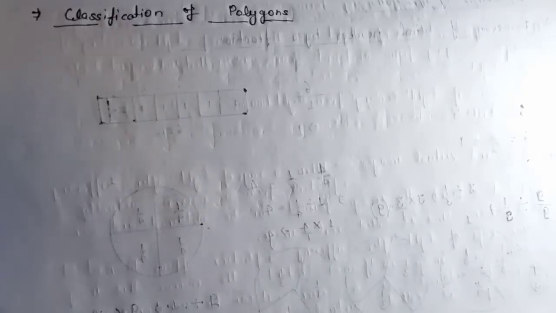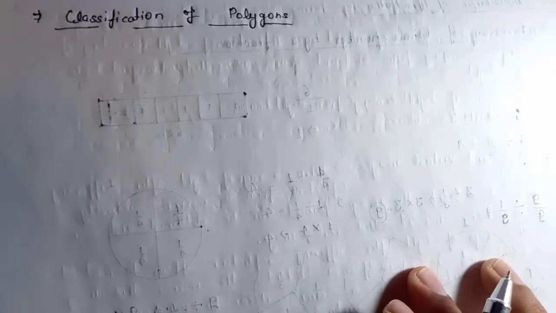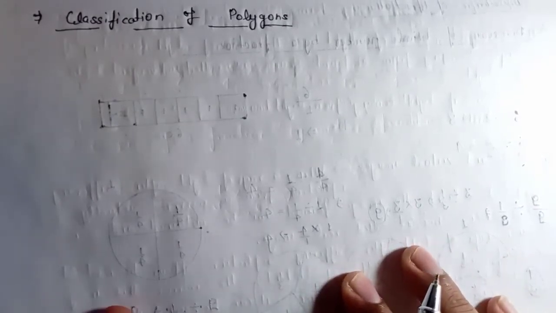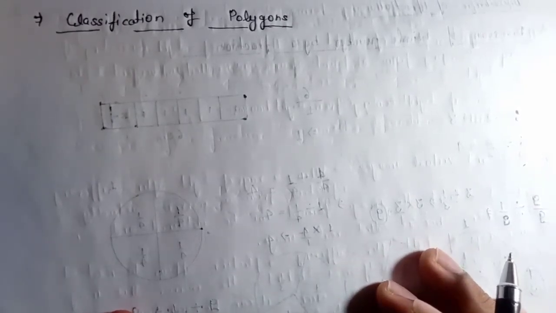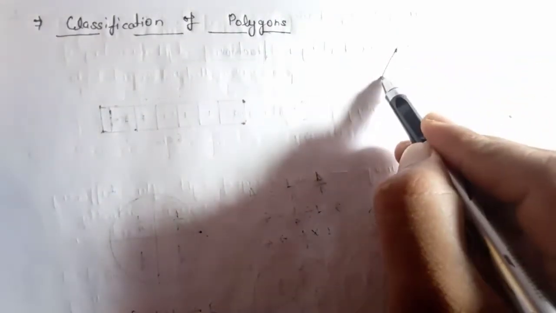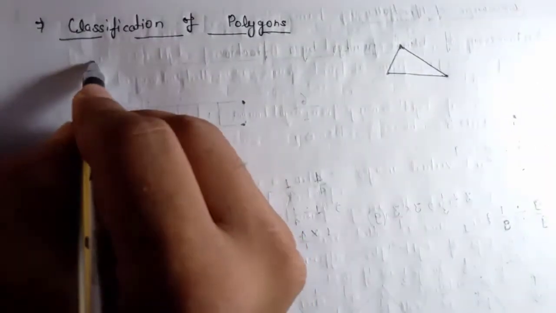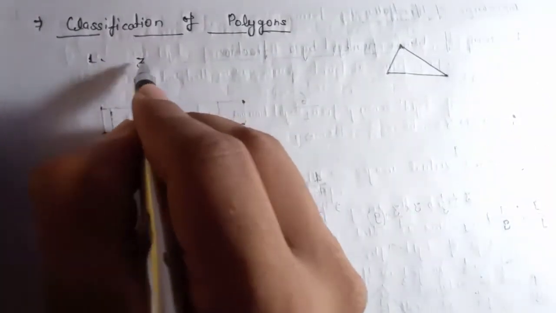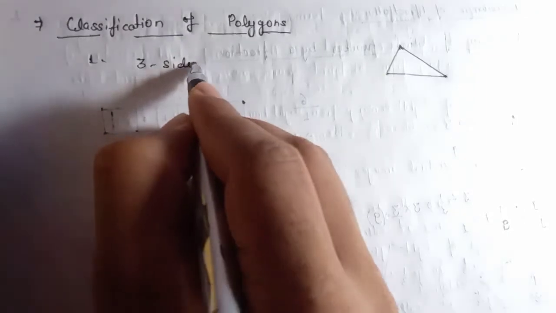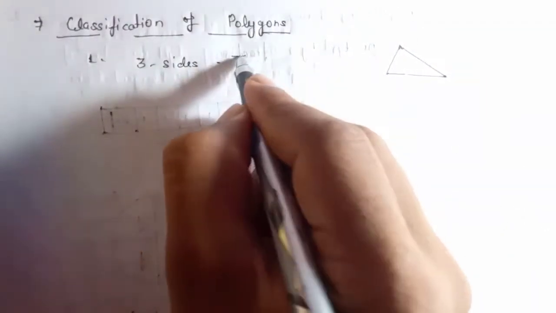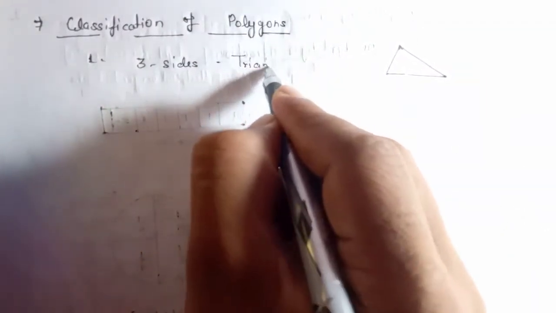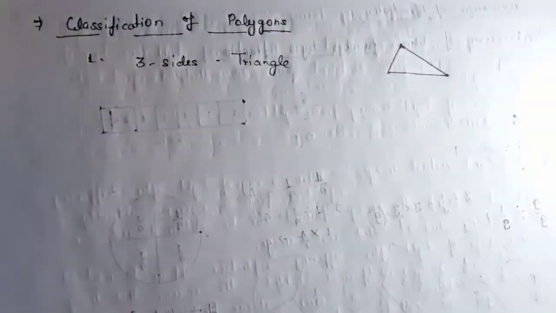Now we will see the classification of polygons. Polygons are classified on the basis of the number of sides. So if in a polygon there are three sides, it is called a triangle.